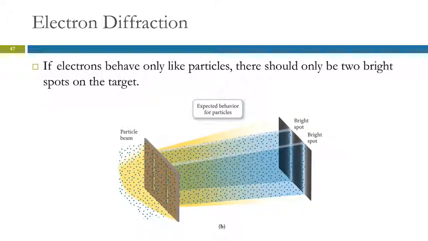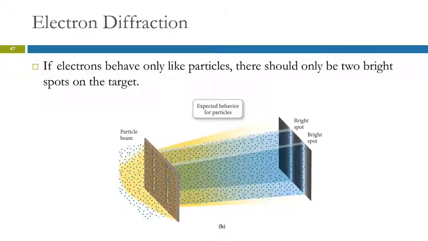If electrons were particles, then we would expect to see two bright lines. Think of throwing baseballs through a doorway. Either the baseball hits the wall and doesn't go through, or it goes through the doorway, hitting nothing, and just keeps traveling in a straight line. That's predictable.